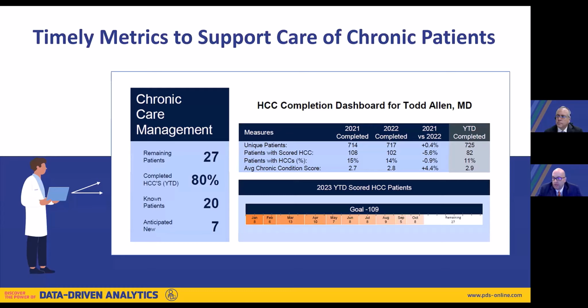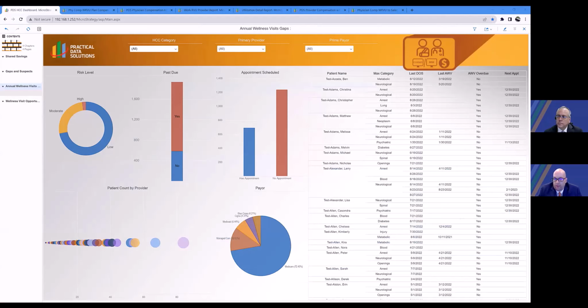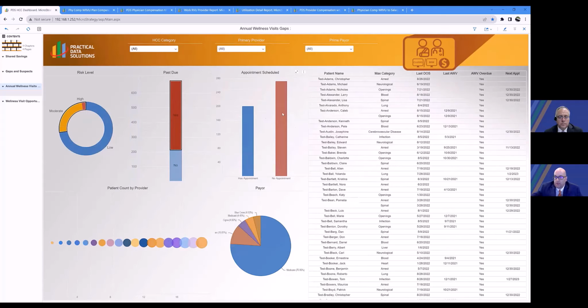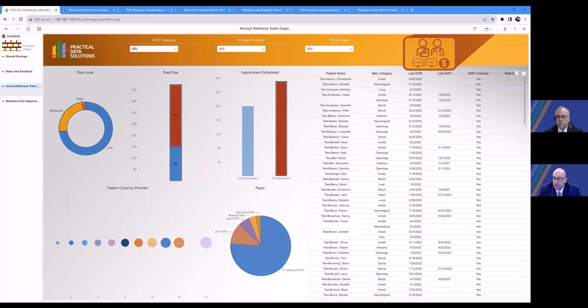And so if you couple this data with, for example, scheduling data and risk scoring data, you can create a visual like you see here, where you can filter down on your highest risk patients and see who are the ones who are past due for a follow-up appointment, who haven't been in a while, for us to help them manage their conditions, or who doesn't have an appointment scheduled coming forward, who hasn't been scheduled for an annual wellness visit in the past year.